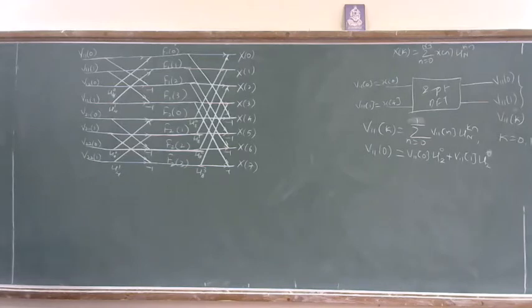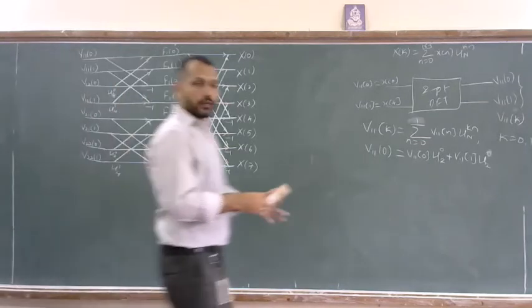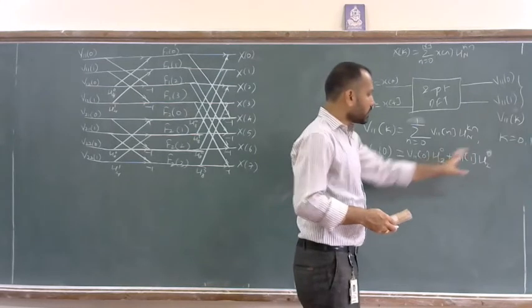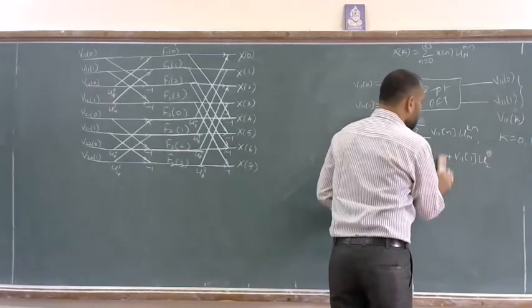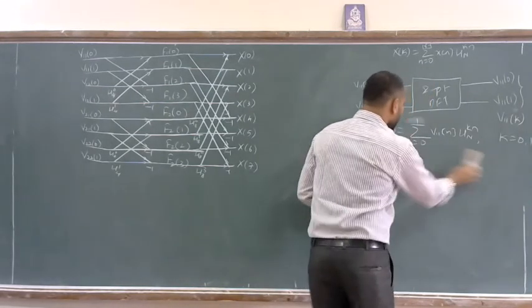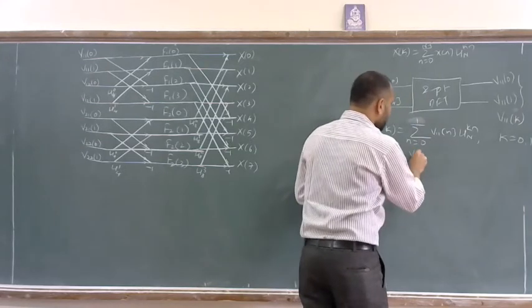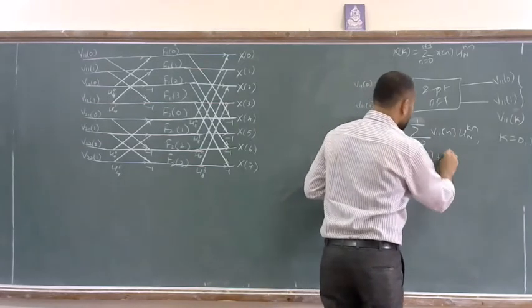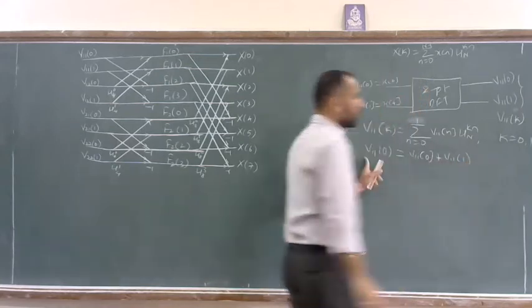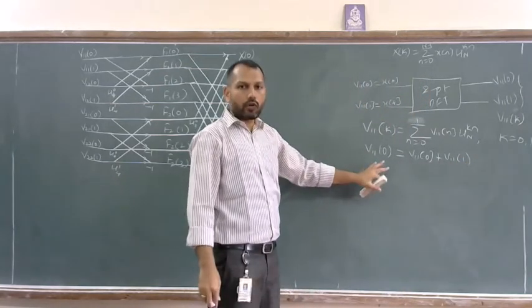W2 to the power 0 will be 1 because it's an exponential. Therefore, the first DFT point will be V11 of 0 plus V11 of 1. Are you all following this?